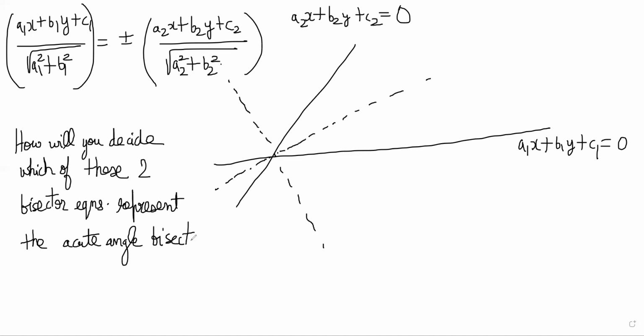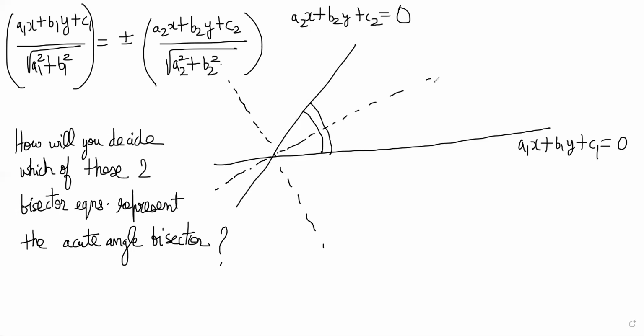We know that if two lines intersect, this angle could be either acute or obtuse, right? It could be less than 90 or it could be greater than 90. So I don't know which bisector is the acute angle bisector.